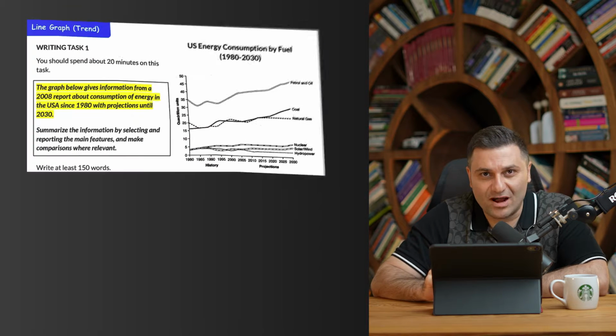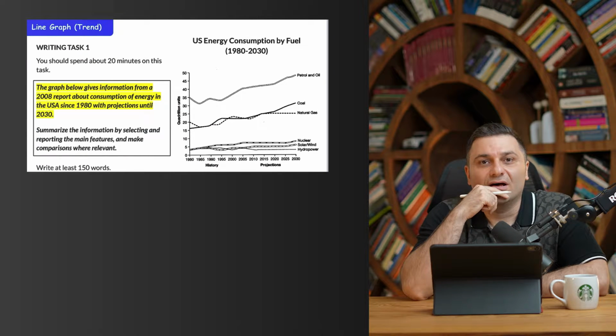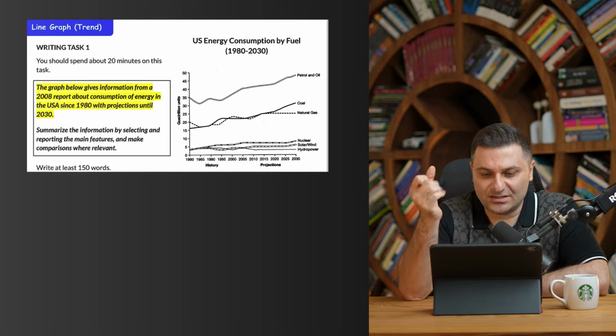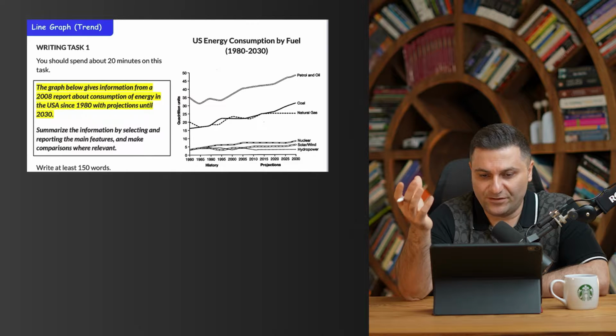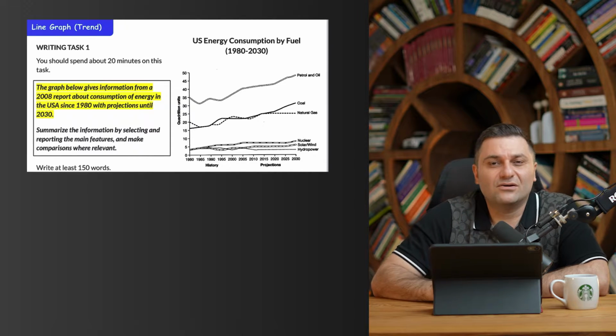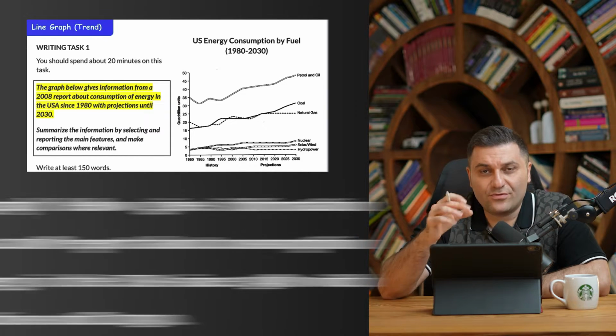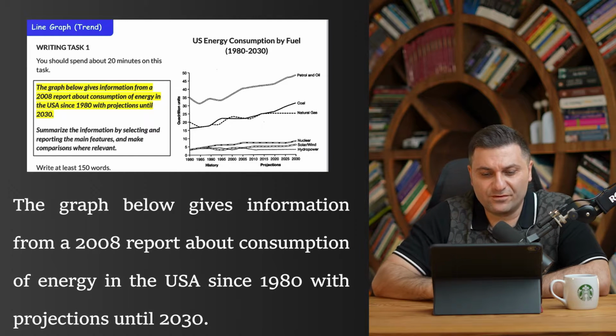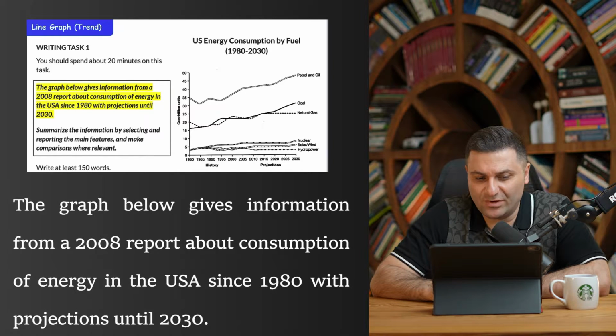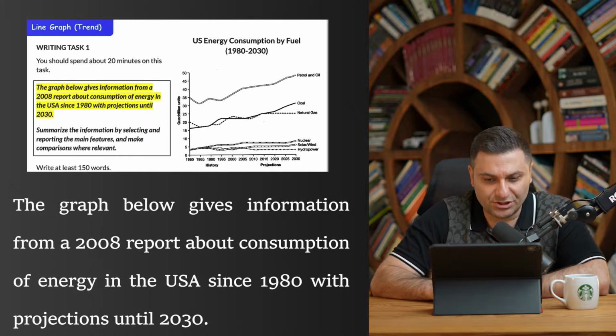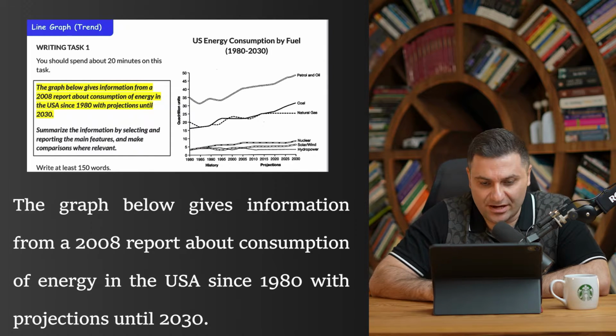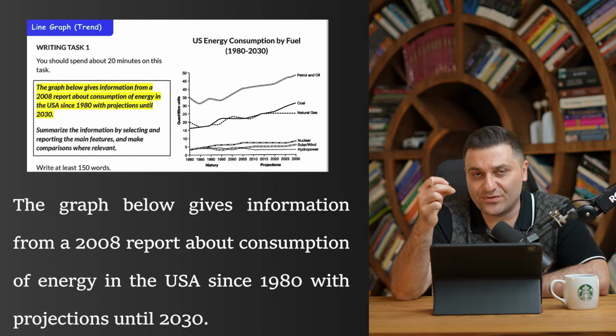All right. Starting with a line graph, as you can see on your screen, this is a sample question of the line graph: U.S. energy consumption by fuel. Now let's read the question. The graph below gives information from a 2008 report about consumption of energy in the USA since 1980 with projections until 2030.